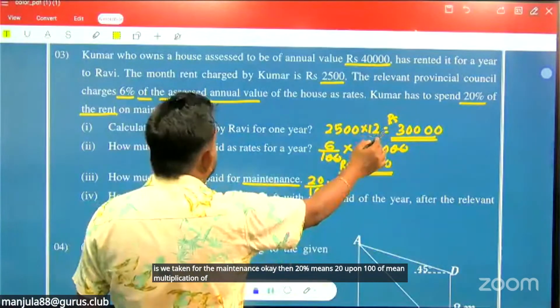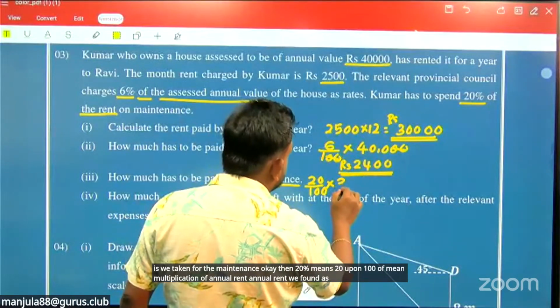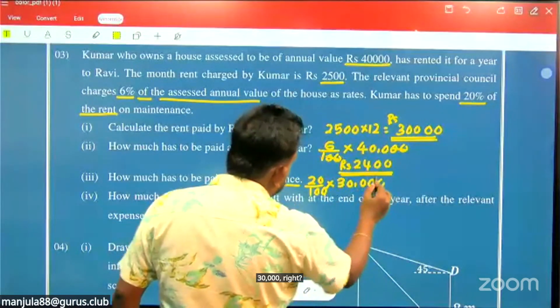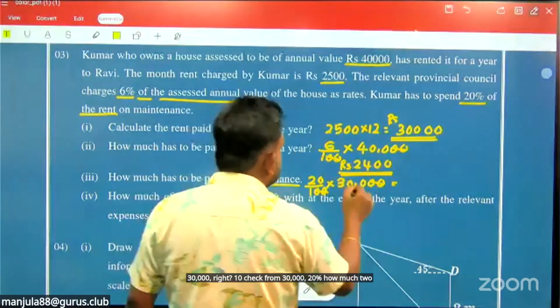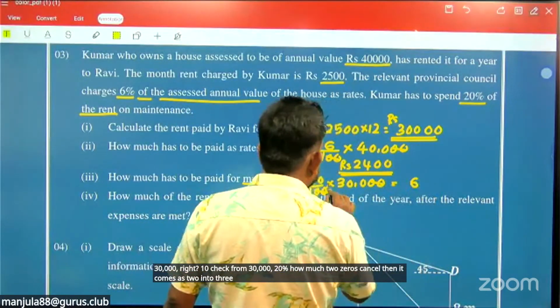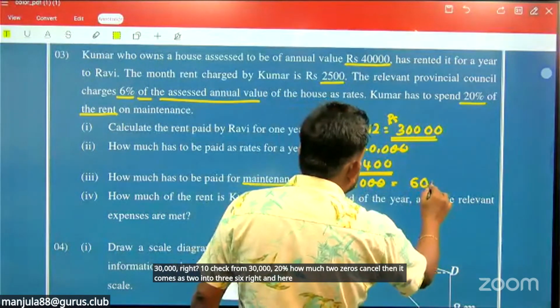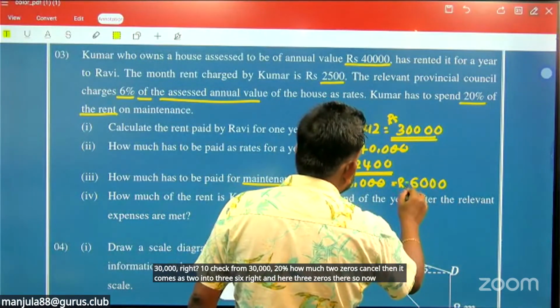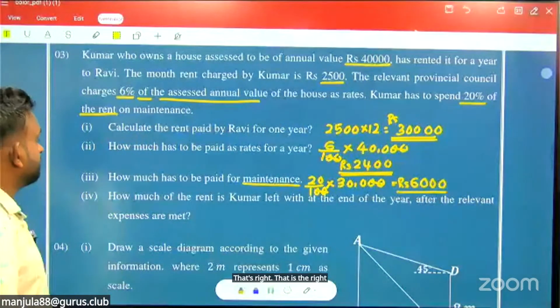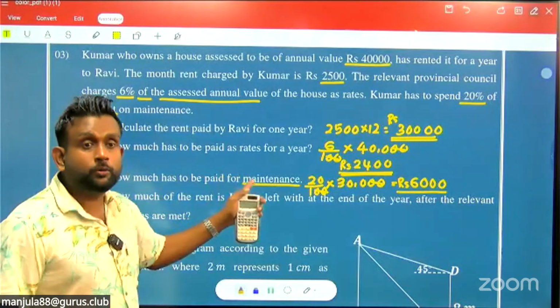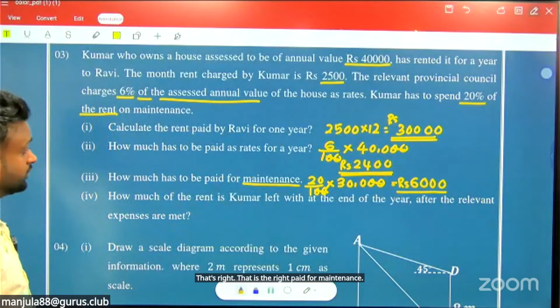The annual rent we found as 30,000, right? Then 20% of 30,000, how much? Two zeros cancel, then it comes as 2 into 3, 6, and three zeros there. So it comes as rupees 6,000. That is paid for maintenance.